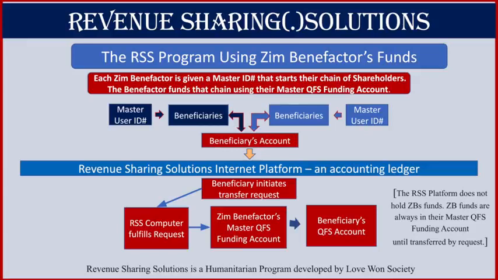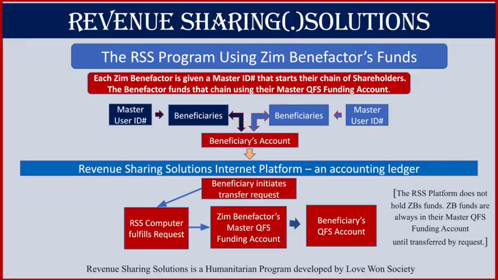When they ask for the money, it's drawn down from the master account, and that's the Revenue Sharing Solutions internet platform. It's an accounting ledger, it doesn't have money. It's always funded by the benefactors themselves. And the beneficiary initiates a transfer request. The RSS computer fulfills that request, draws from the Zim benefactor's master QFS funding account, and it goes into the beneficiary's account where he can spend it the way he wants.